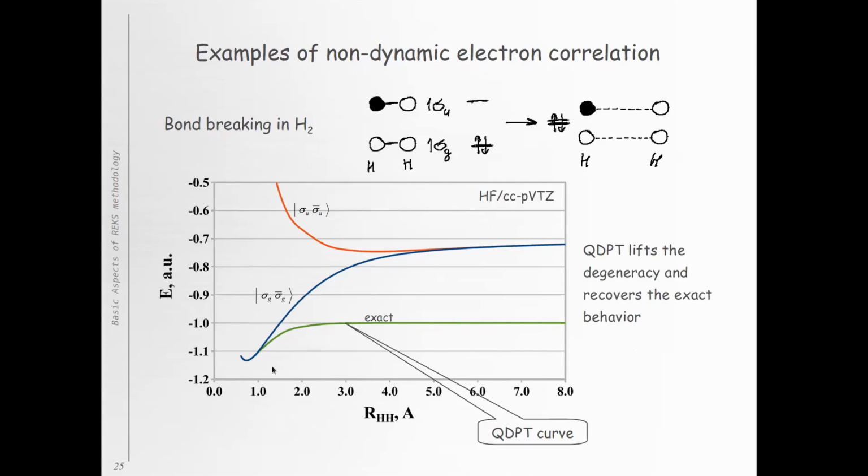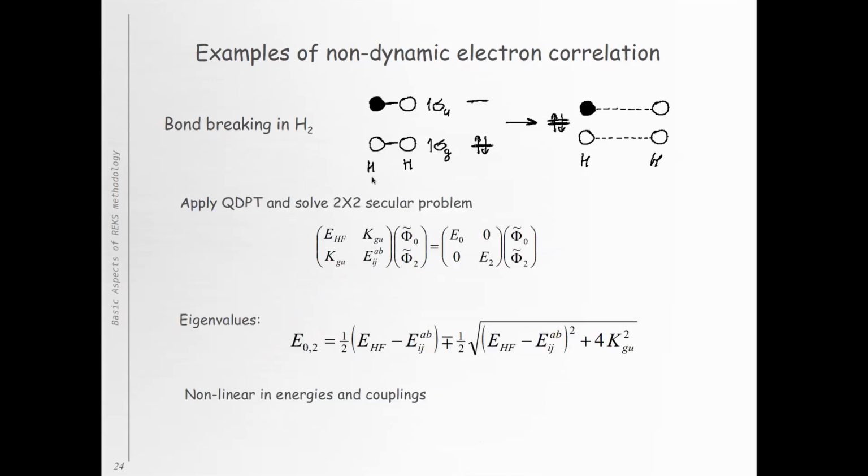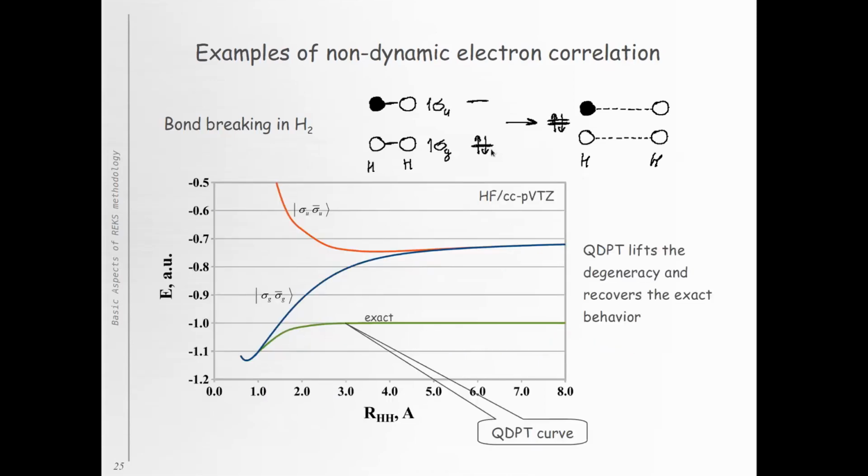But the non-dynamic correlation is correctly captured by this simple 2x2 secular problem. And this is quite an important observation for the future derivation of the energy expression within ensemble DFT.